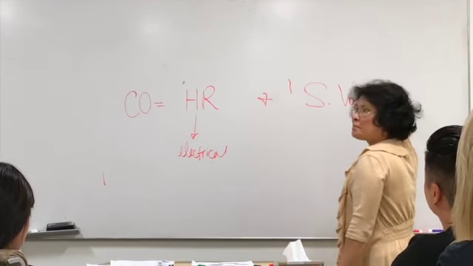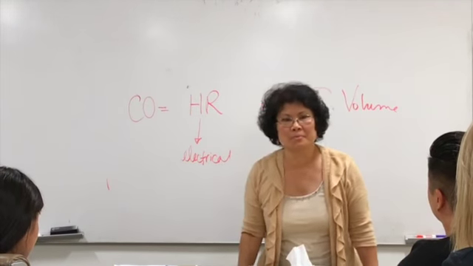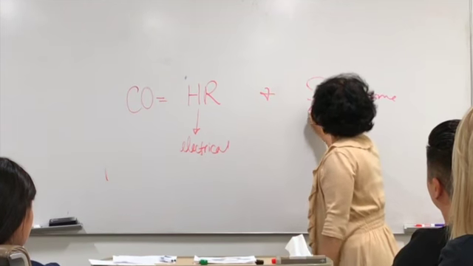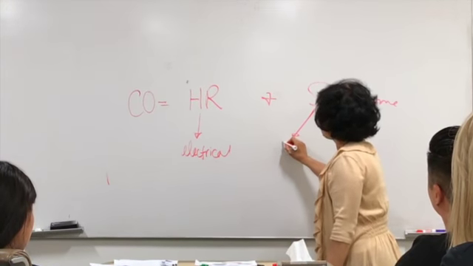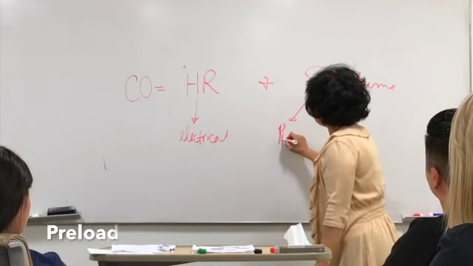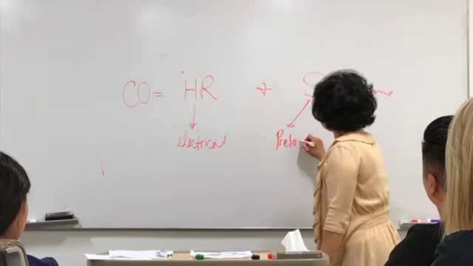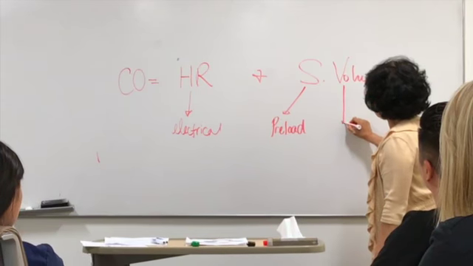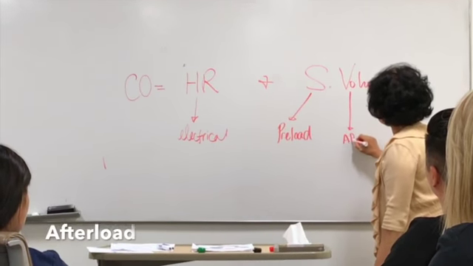What are the determinants of stroke volume? Let's dissect each one. The first one is preload. The second is afterload.